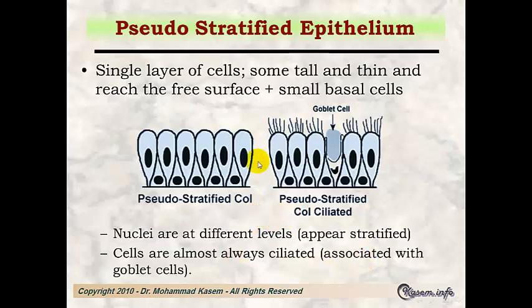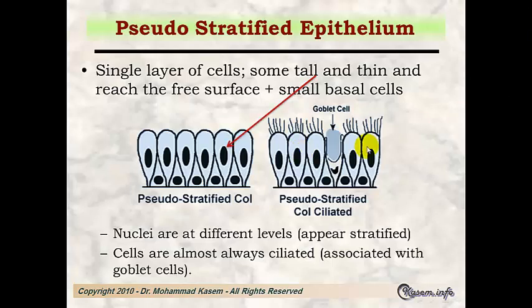If you see, for example, the trachea in the respiratory tract, you'll find the mucosa of the trachea is of this type of epithelium, pseudo-stratified columnar epithelium with goblet cells in between.